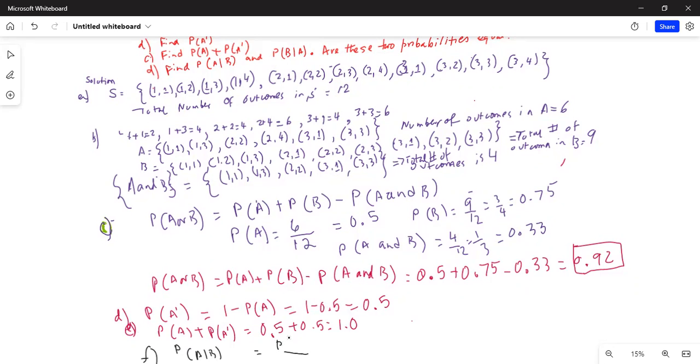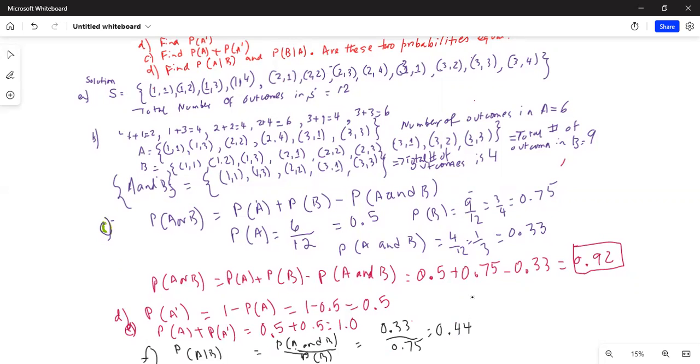So this is probability of A and B divided by probability of B. Probability of A and B we calculated is 0.33, and probability of B itself is 0.75. So it is 0.33 divided by 0.75, which is equal to 0.44.